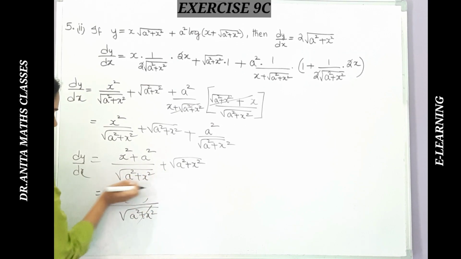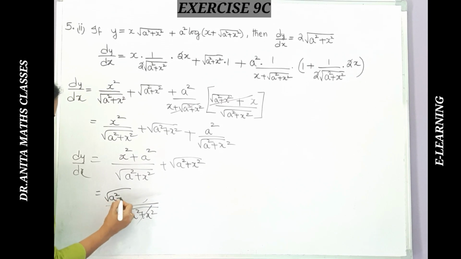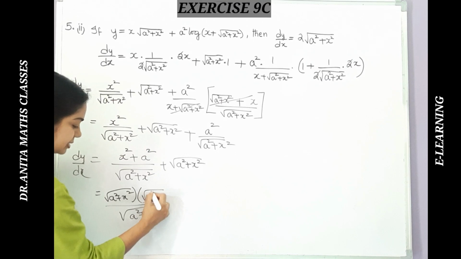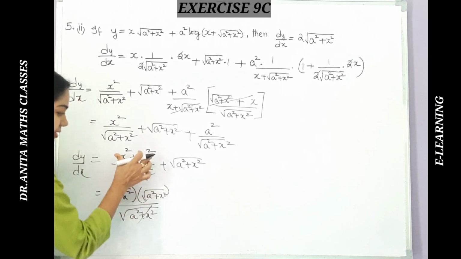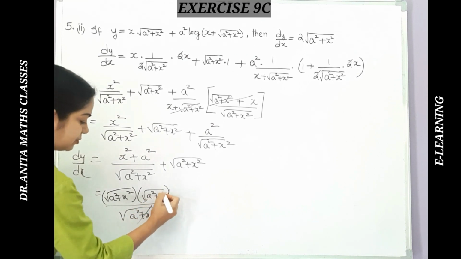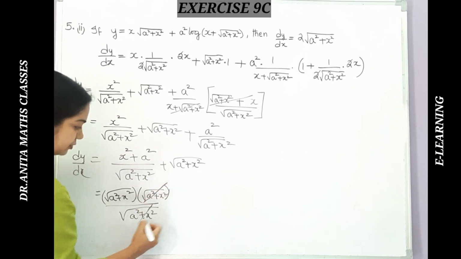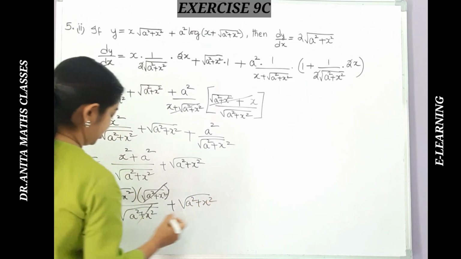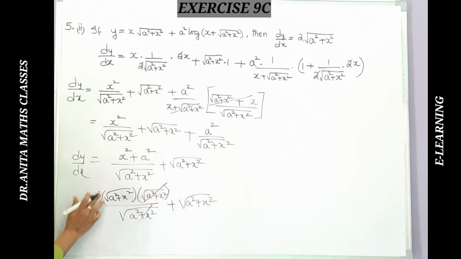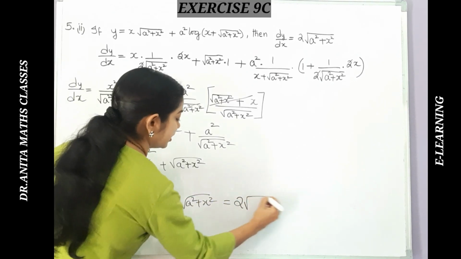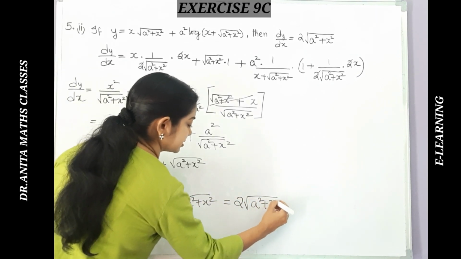Just wait, I'll make it simpler. So this becomes a square plus x square multiplied by again a square plus x square. I can split this into two square roots. So one square root we will cancel off, plus there is another square root. So we have these two, that equals 2 square root of a square plus x square.